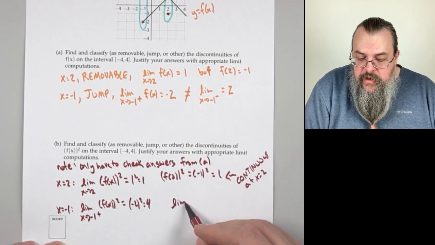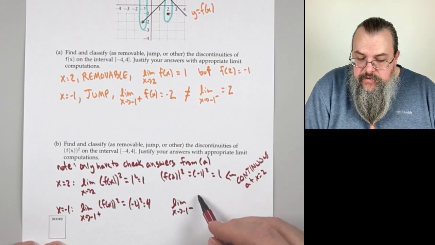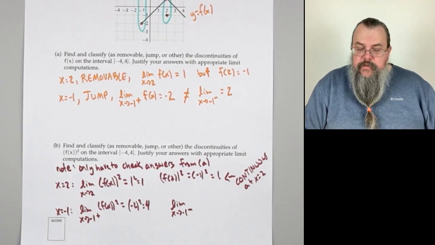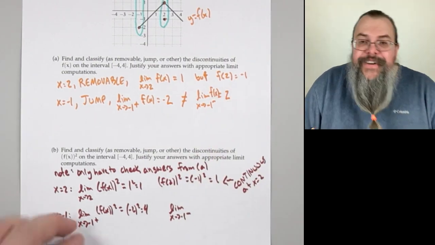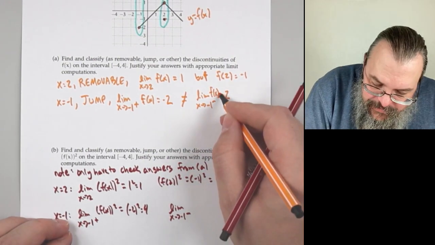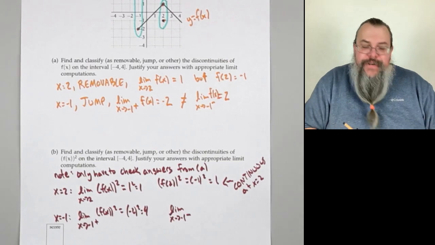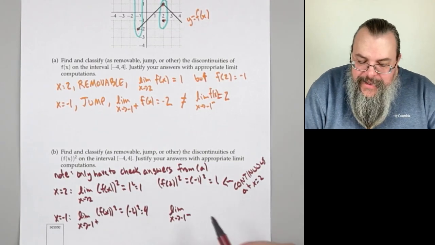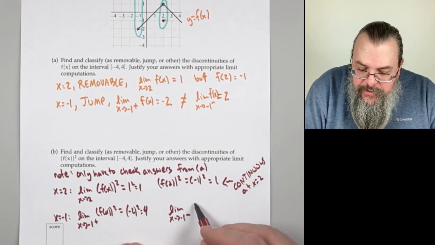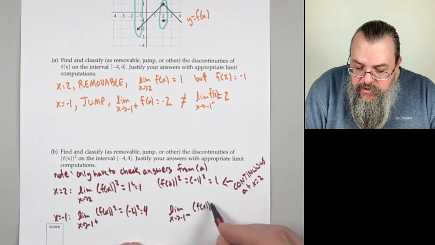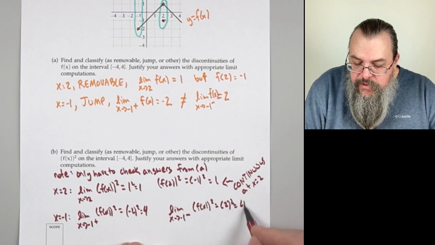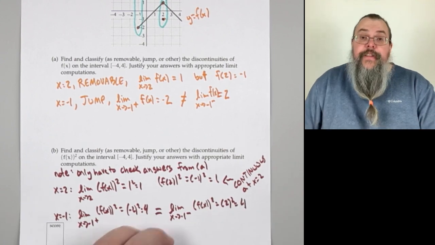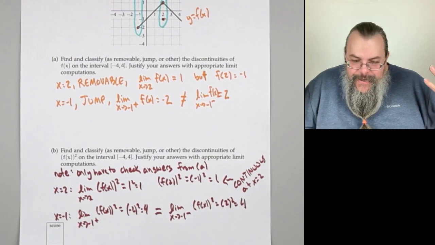The limit as x approaches minus 1 from below of, whoops, I forgot to write down something. There we go. I may have lost a point. I don't want to lose a point. That's not our goal. Okay, the limit as x approaches minus 1 from below of f of x quantity squared is equal to 2 squared, which is also equal to 4, which means the limits exist.